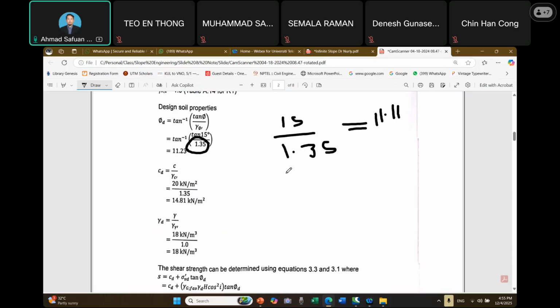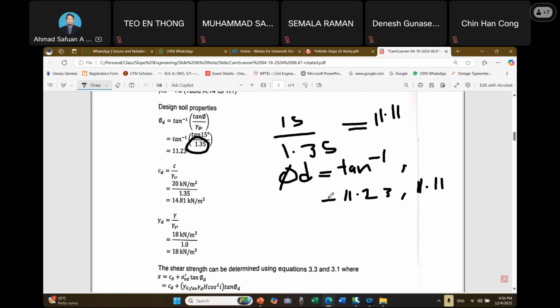For example, to get the phi D, we need to use the tangent. So although it has a small difference, for the foundation design, especially the shallow foundation, we need to get the NC, NQ, and N gamma.